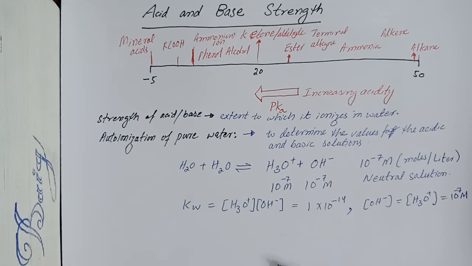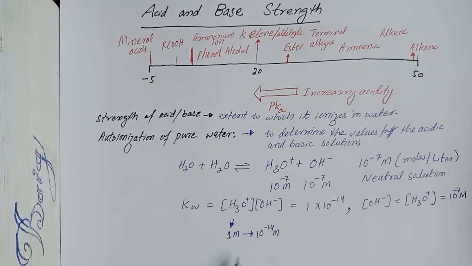The hydronium ion concentration can span a very wide range of values, from greater than 1 molar down to less than 10 to the power minus 14 molar. So the chemist usually measures the concentration of the hydronium ion, and the range is wide.